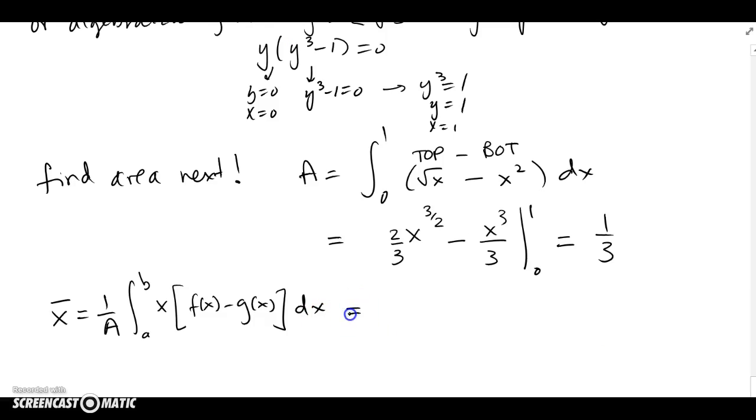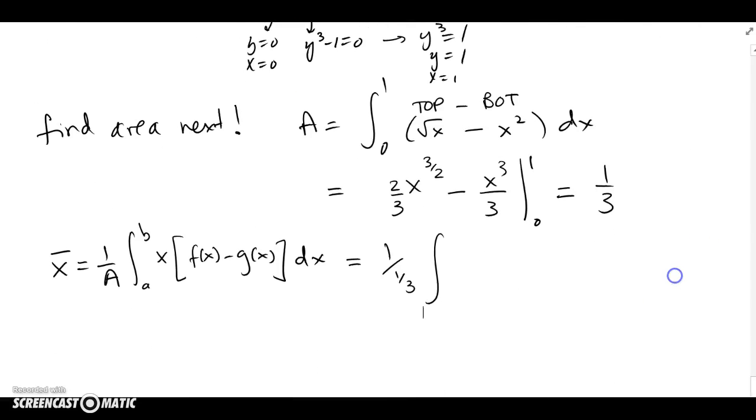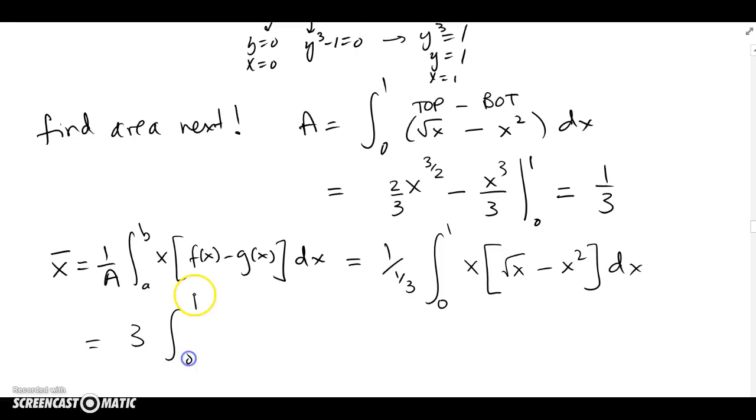Next I'm going to find x bar, so 1 over 1/3 for the area, integral from a to b, and I'm strictly keeping it at top minus bottom, so from 0 to 1, x times the top function, again the square root function, minus the bottom function, the parabola, dx. So we end up with 1 over 1/3, that's 3, from 0 to 1.